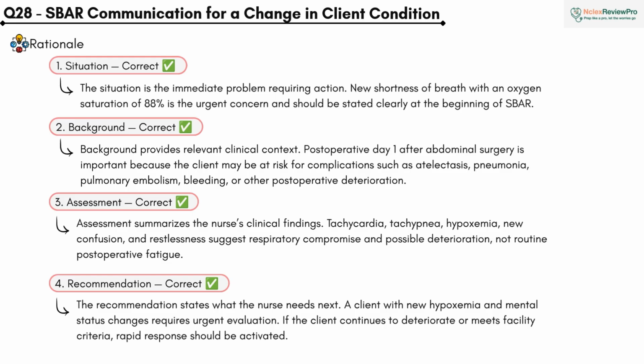New confusion can be a sign of hypoxia, especially when it appears with low oxygen saturation and shortness of breath. For Statement 4, the recommendation is what the nurse needs next. This client needs immediate provider evaluation and rapid response activation if indicated. The nurse should not wait until the end of the shift or treat this as routine anxiety. When a client is deteriorating, escalation should not be delayed.